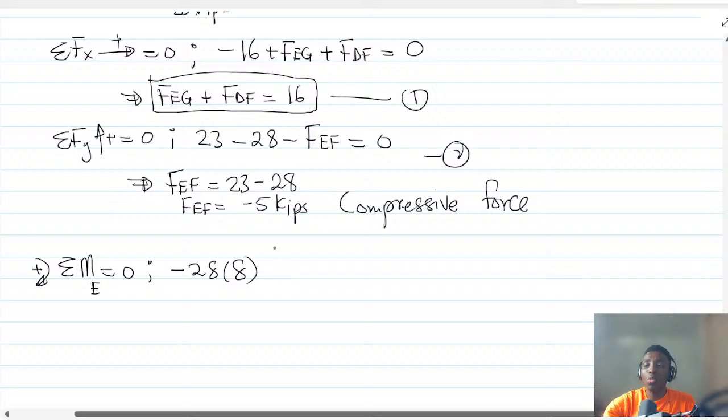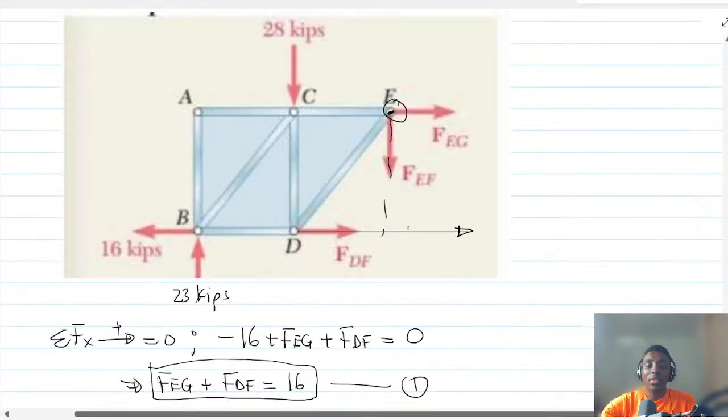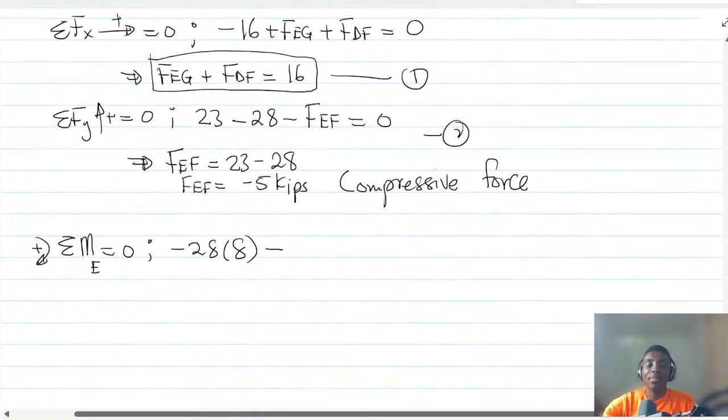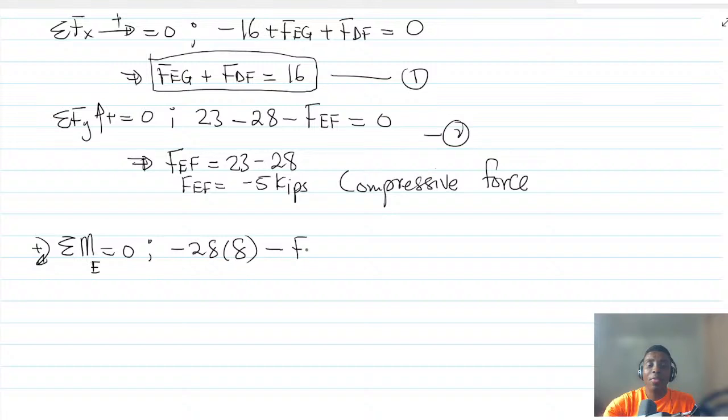But then let's look at it. It is going to be counterclockwise about E. So minus 10 FDF.